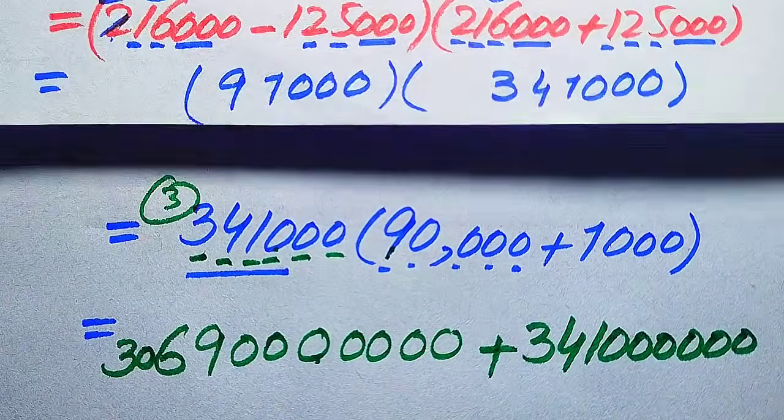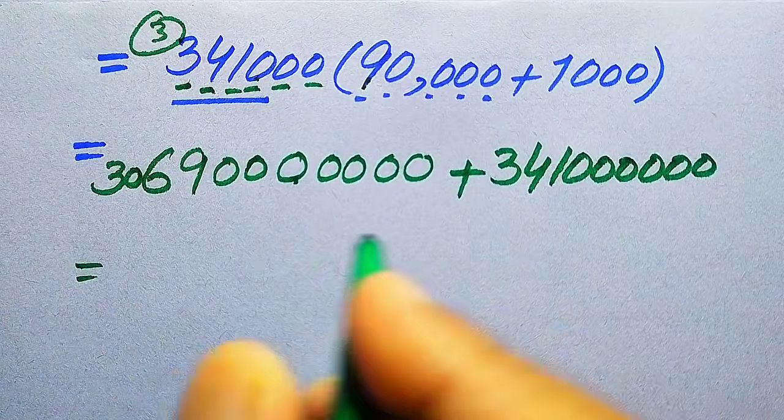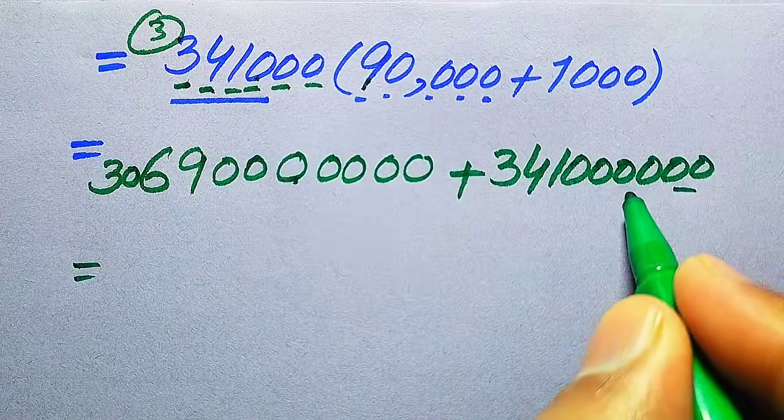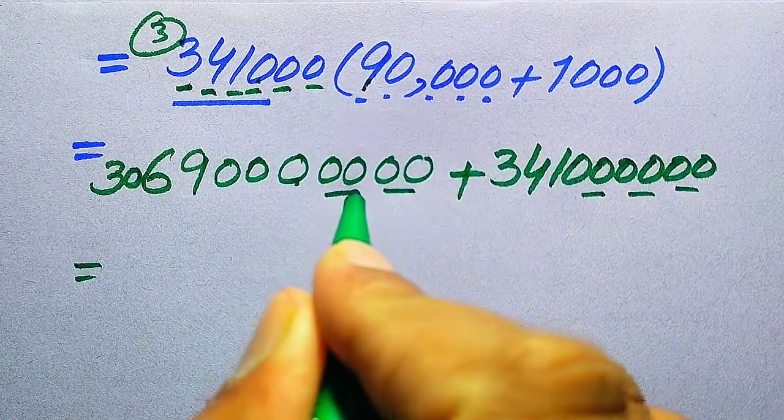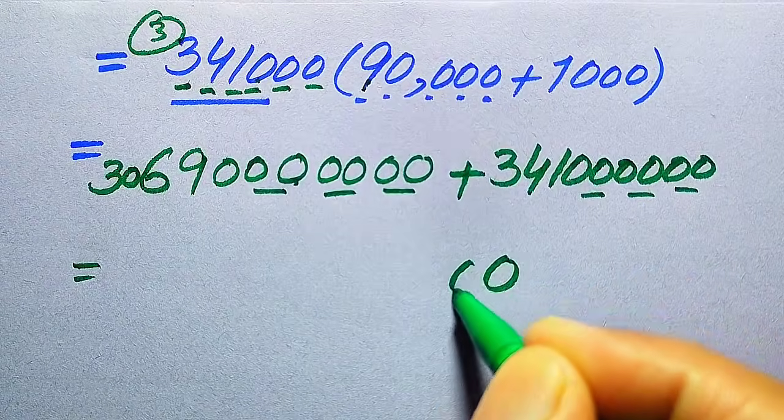In the final step we need to sum up both of these values and we get our final answer. You see these are 2, 4 and 6 zeros, so when you add these 6 zeros we get 6 zeros.